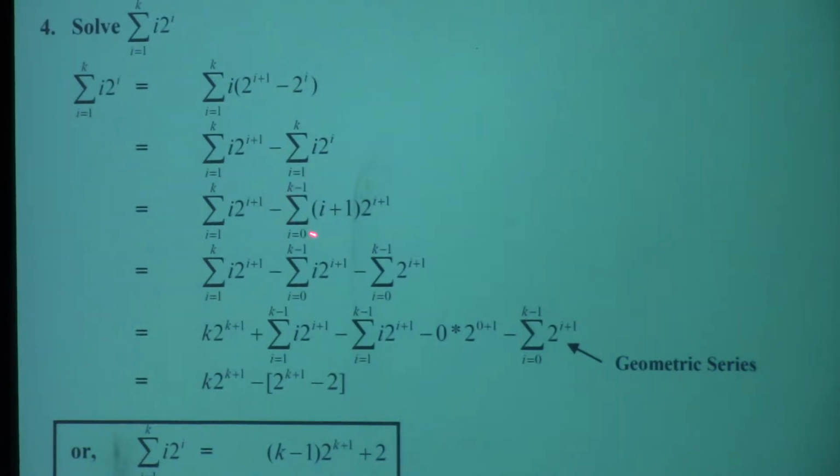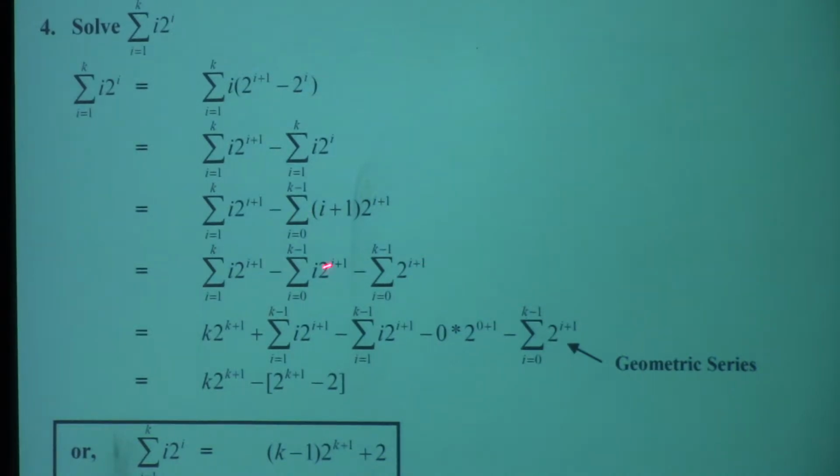Notice it's minus all of this. So therefore, when I multiply it out, it's going to be minus the first product summation minus the second product summation. So the first is unaffected, minus i 2 to the i plus 1 minus 1 times 2 to the i plus 1. So we go from here to here.